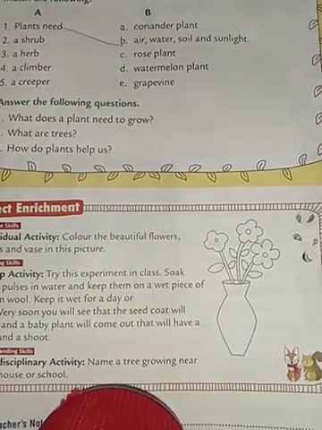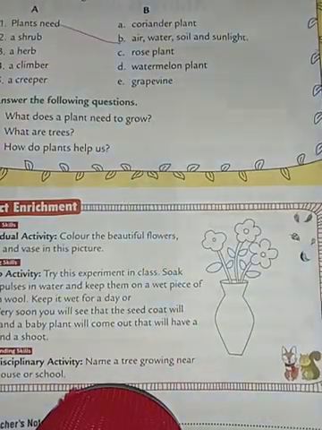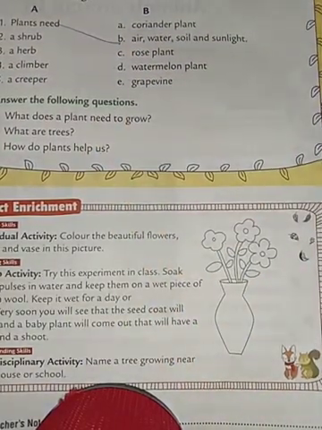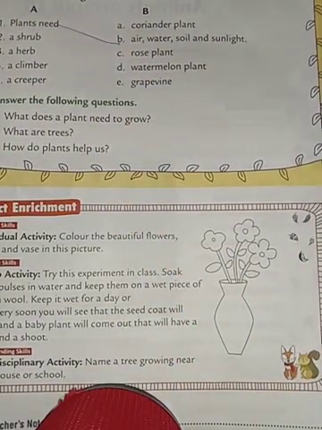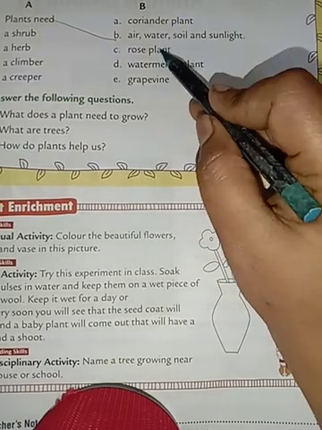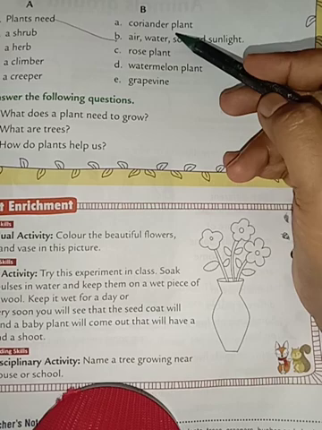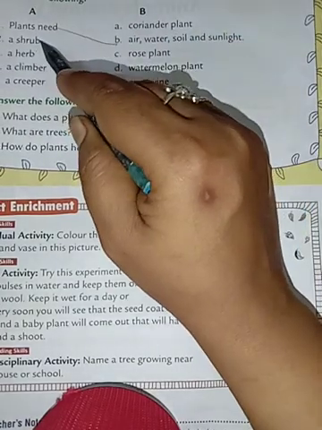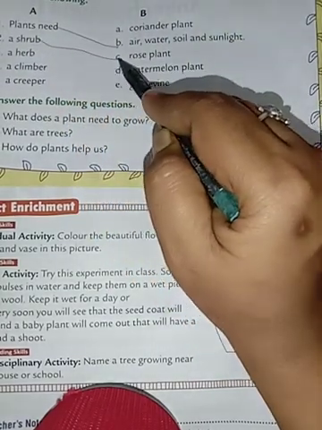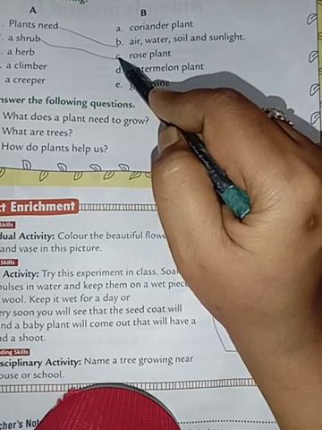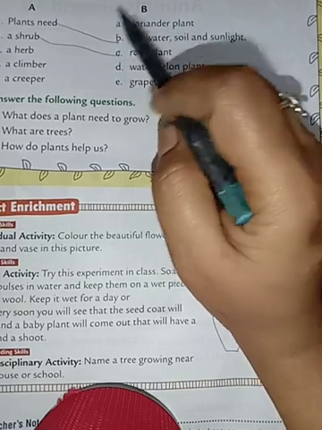Now shrub. Which is the example for the shrub? You all have to find out. Rose plant, watermelon plant, grapevine plant or coriander plant. The example for the shrub is rose. Like this way you all have to match it.